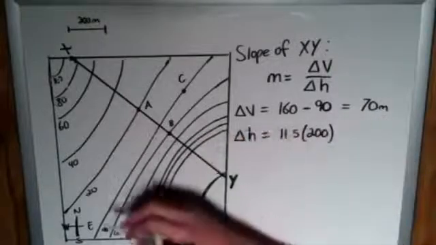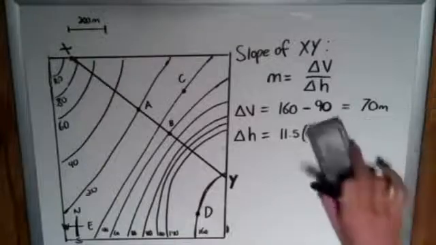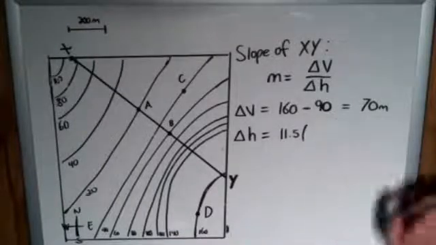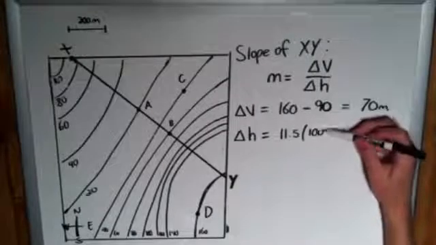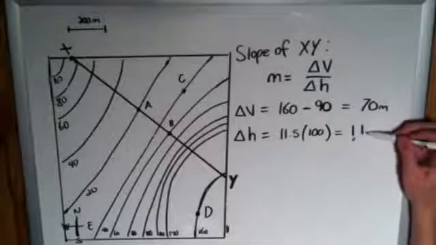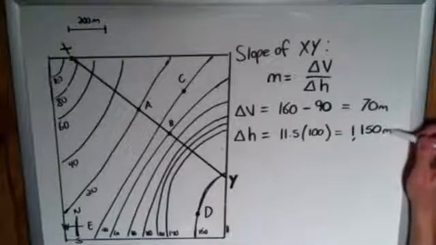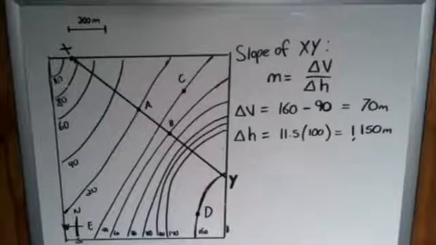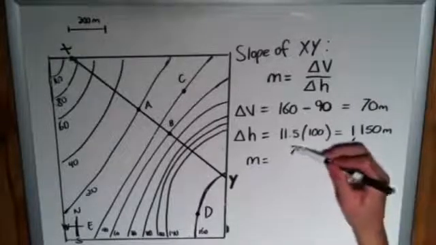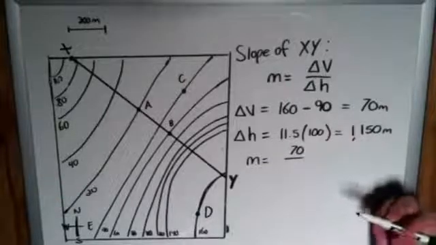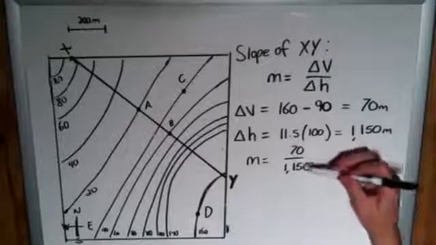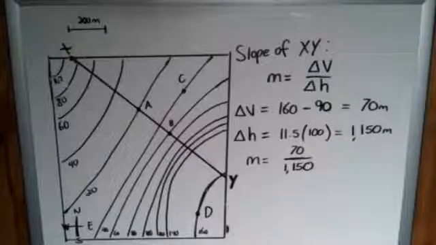Well, actually, if 2 inches represents 200 meters, we just multiply it by 100, which of course gets us 1,150 meters. So our slope can therefore be represented as delta V 70 divided by delta H 1,150. And that's all there is to it.